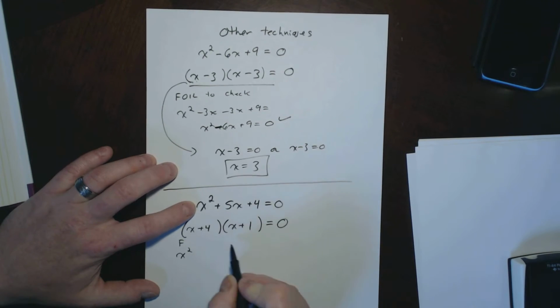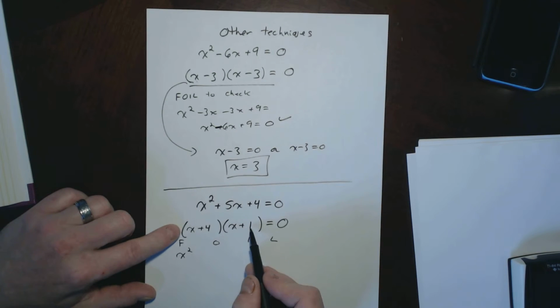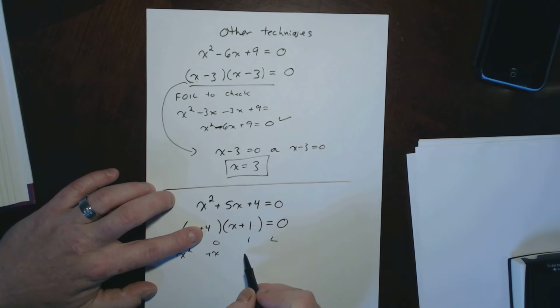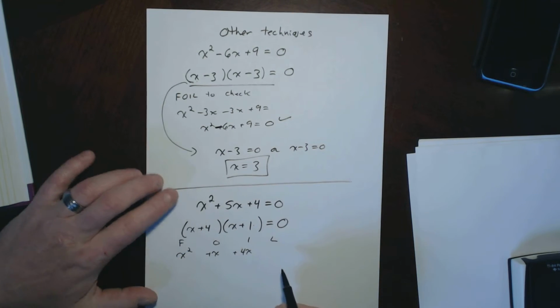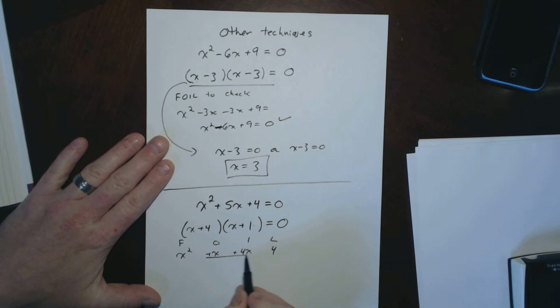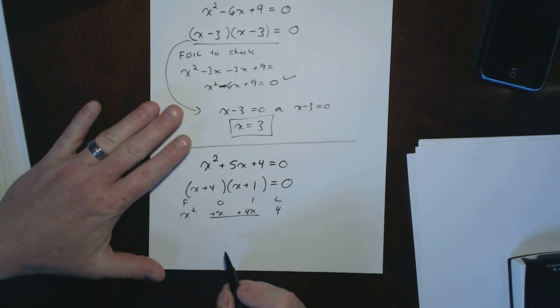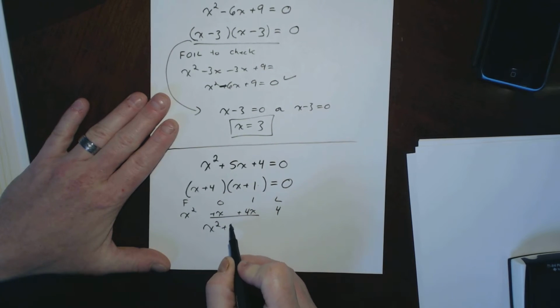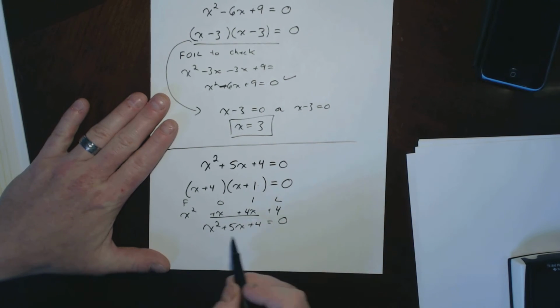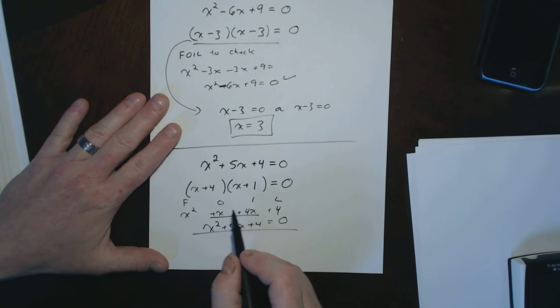Now again, I'm FOILing here. My outers are going to be x times 1, that's going to be plus x. My inners are going to be 4 times x, which is 4x. And then my last is going to be 4 times 1, which is equal to 4. Combining my inners and outers together, I'm going to get x squared plus 5x plus 4 is equal to 0. So therefore, I know that I factored it properly.